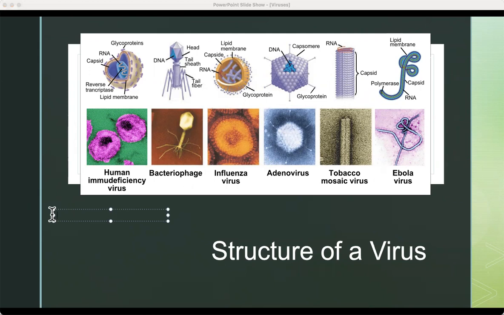It also contains an enzyme we call reverse transcriptase. It has a lipid membrane, that's like the viral envelope, with glycoproteins extending off of the lipid membrane. And those are to help HIV attach to the host cell. You'll see it also has a capsid.